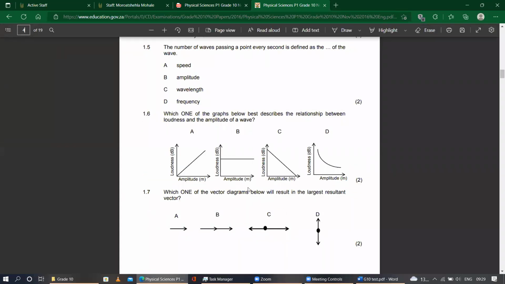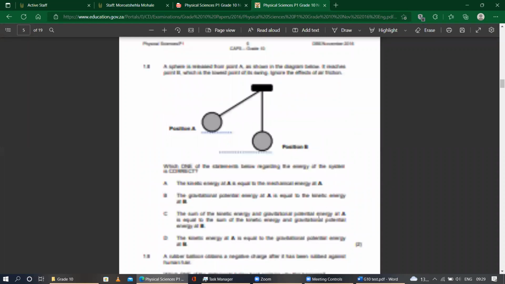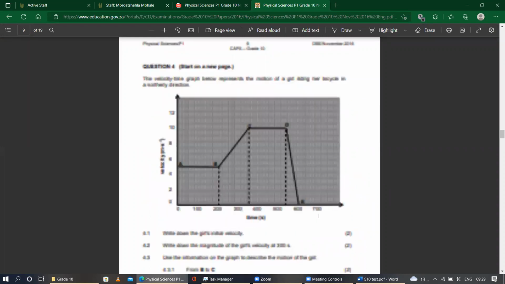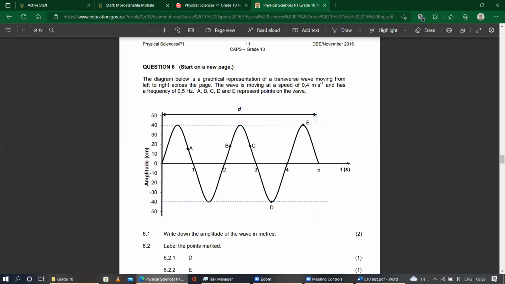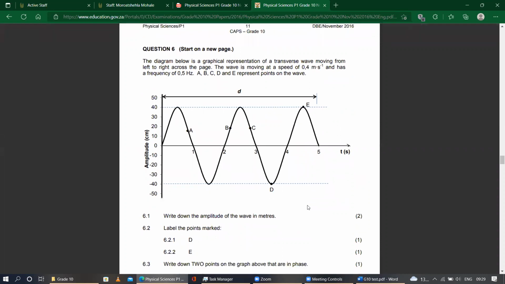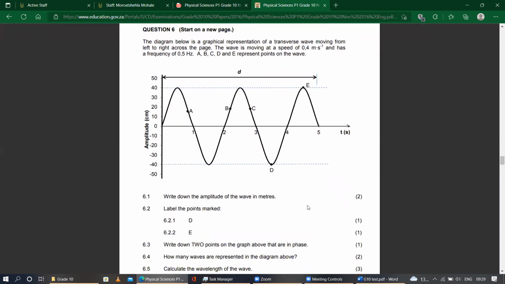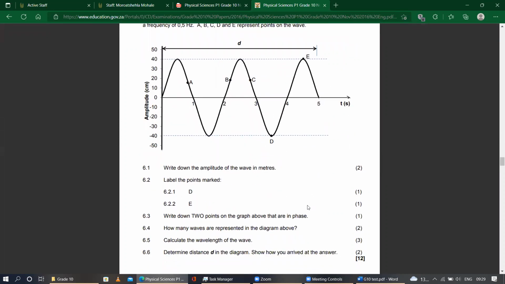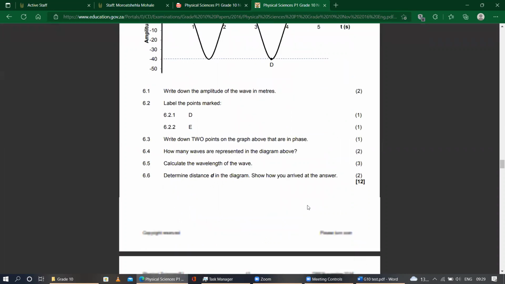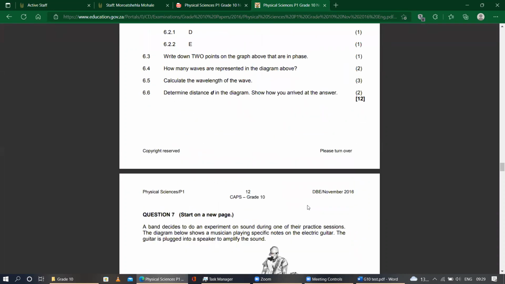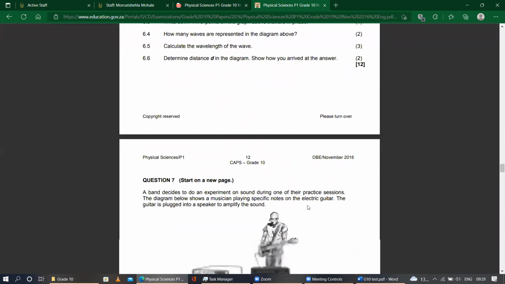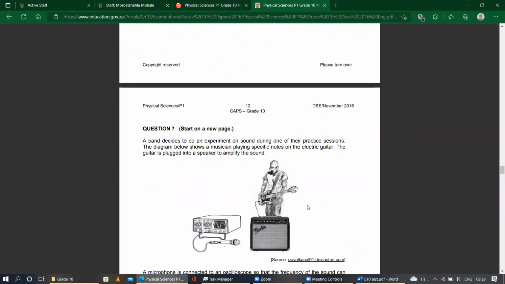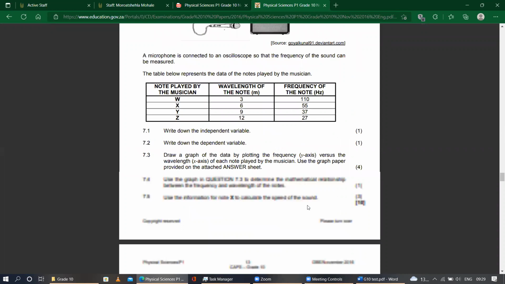Let's fast forward to question 6. This one is gonna require the equations. Because remember from what I told you, usually you guys have to use the equations.